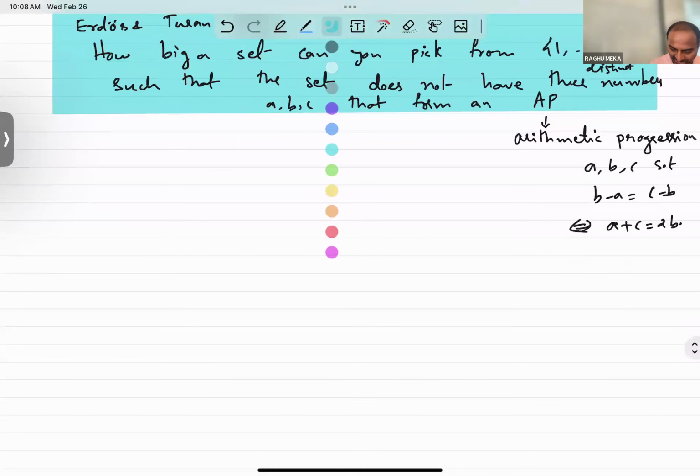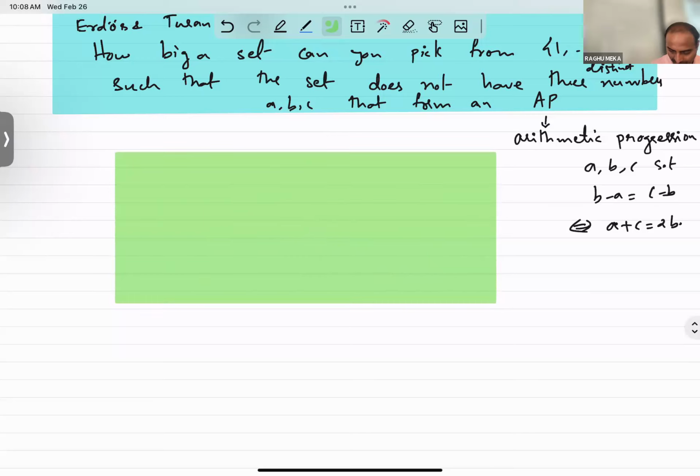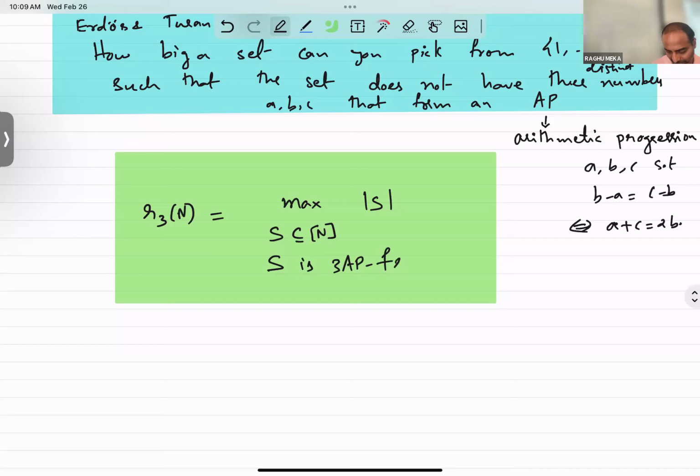And we can just give some notation for this. So let's say R3 of n is the max size of a set S, a subset of [N], such that S is 3AP-free.